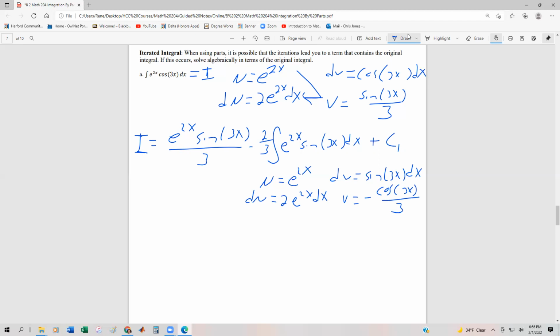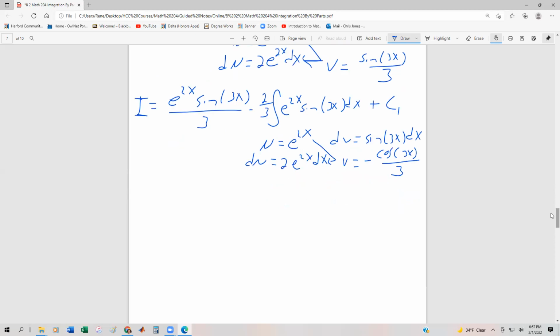And it looks like we're going in this infinite circle as we're doing this, but there is an end. So we have uv minus the integral of v du. Let's just do it and see what happens. We still have our I, which is our integral. We still have the e to the 2x sine 3x divided by 3, so that's just this term being dropped down.